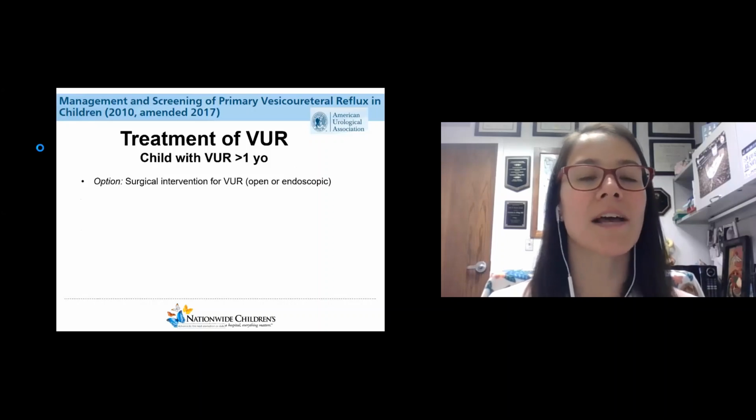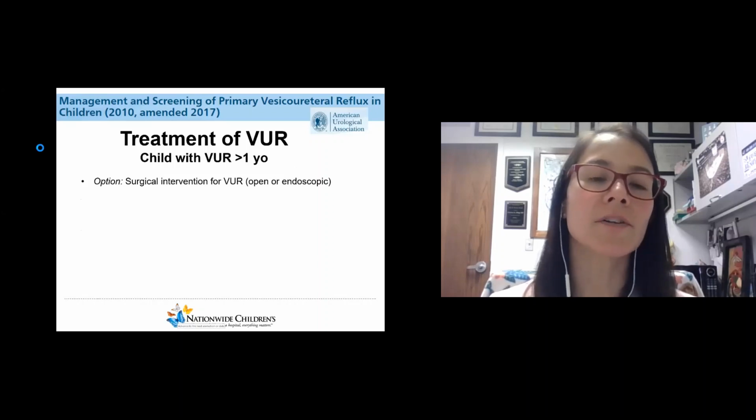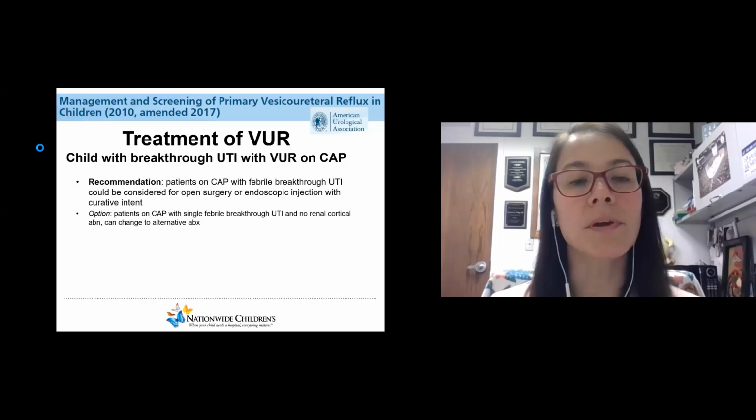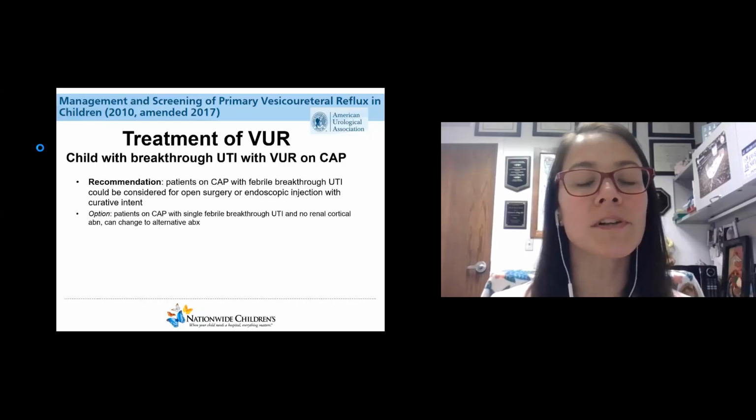So to put together these last concepts with the AUA reflux guidelines, the guidelines state that for any child who has reflux greater than a year of age, it's an option to go to surgery, and it can be either open or endoscopic. In a child with breakthrough urinary tract infections with reflux on continuous antibiotic prophylaxis, the guidelines recommend that if a patient has a febrile breakthrough infection while on antibiotic prophylaxis, they should be considered for surgery with curative intent.